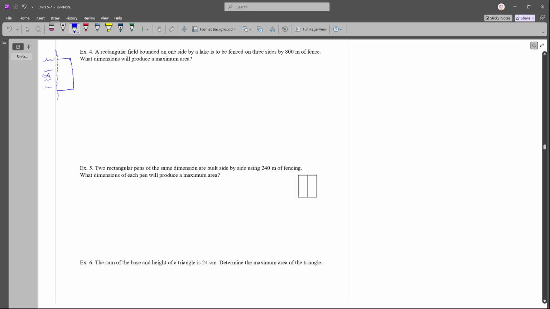So if we rewrite this and then we label this, let's say these sides are the widths and this long side is the length. So let's say let W be the width and L be the length of the field.